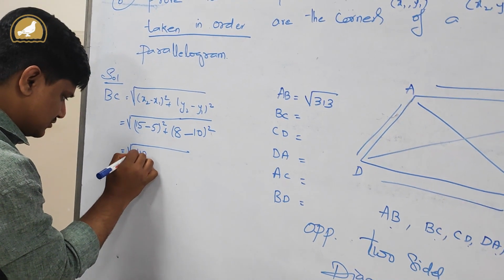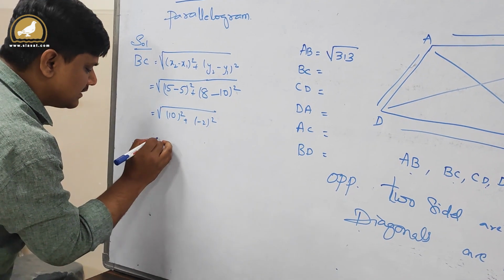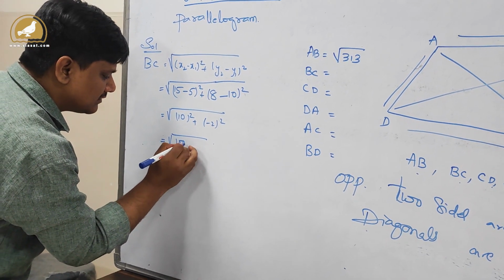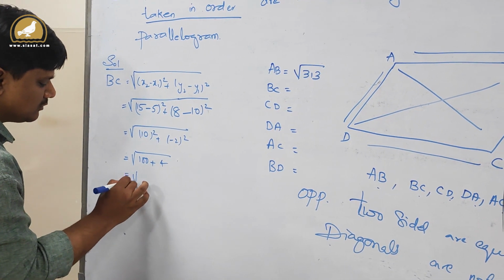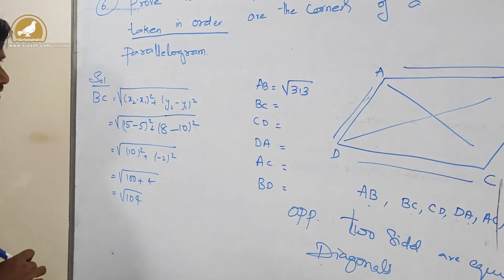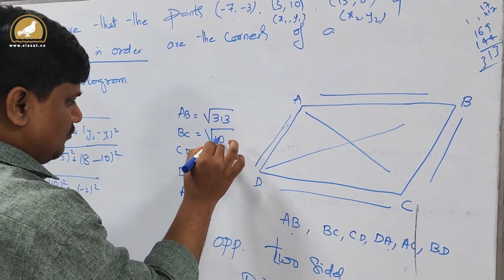This is 10 square, this is minus 2 square. 10 square 100, 2 square it is 4. So it will be 104. So we got the value of BC as root 104.